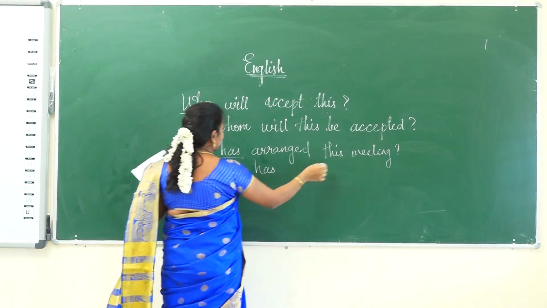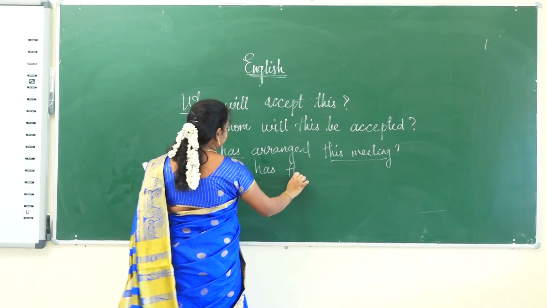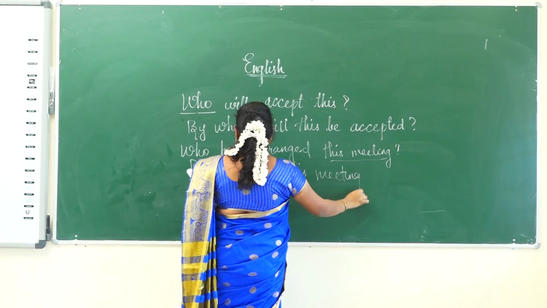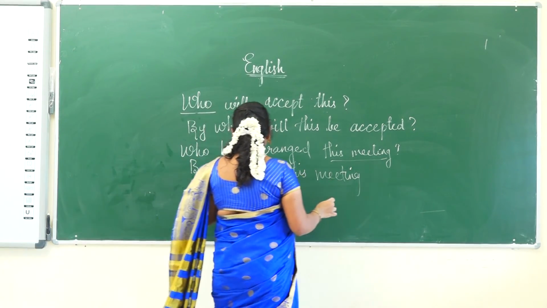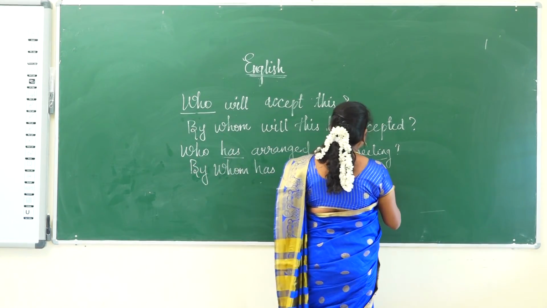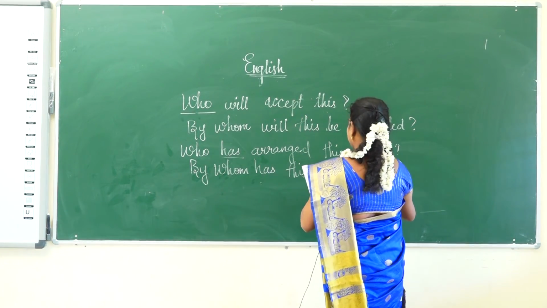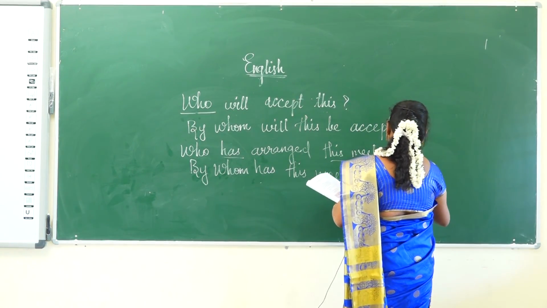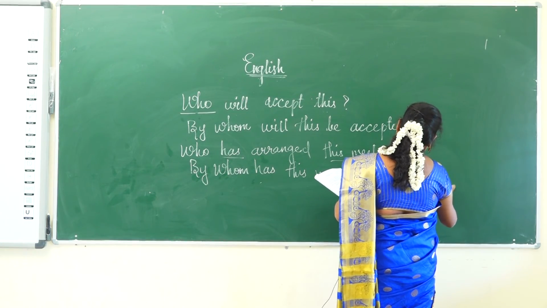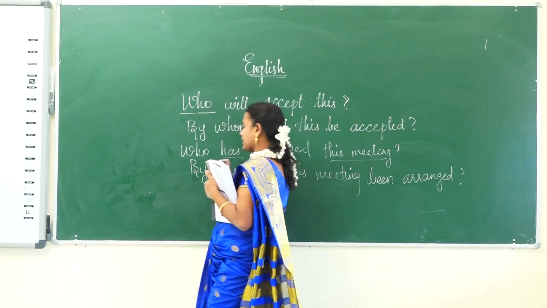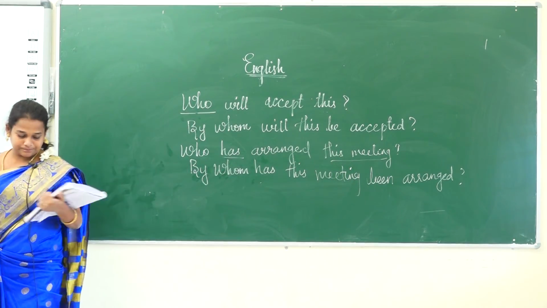The object here is this meeting. Has will convert into has been, because it is a perfect tense. By whom has this meeting been arranged? Because it is a perfect tense, we are using been here. Okay.